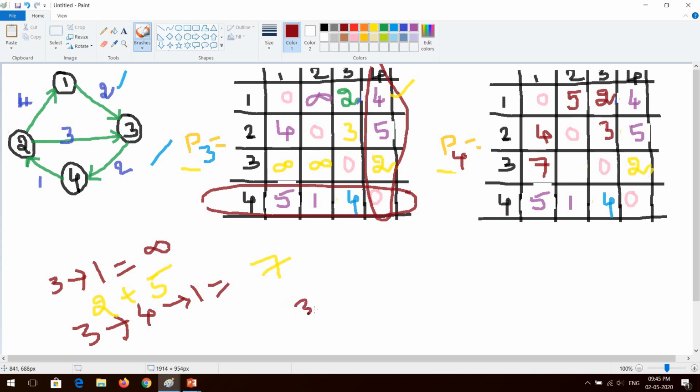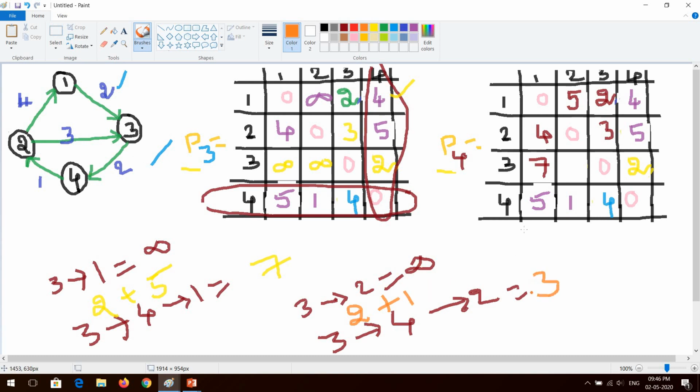Similarly, we will get the other values also. So 3 to 2, we need to find out. Actually, 3 to 2 is infinite. So considering 4 as the intermediate vertex, 3 to 4 and 4 to 2, let us check what is happening. 3 to 4 is of cost 2, plus 4 to 2 is of cost 1.